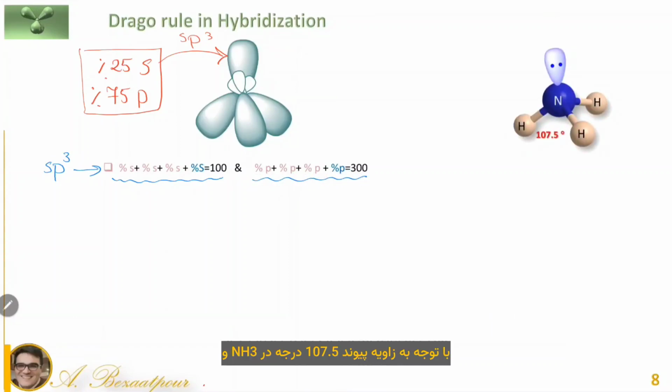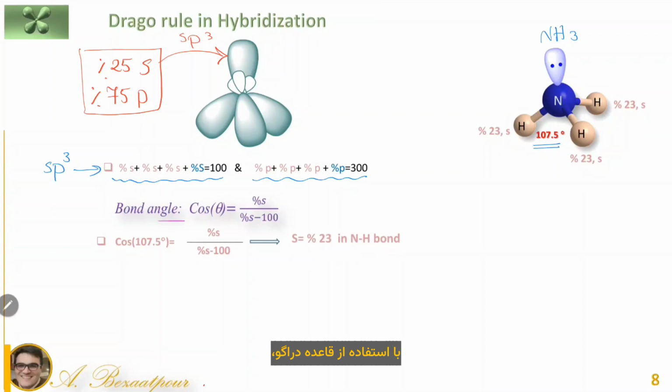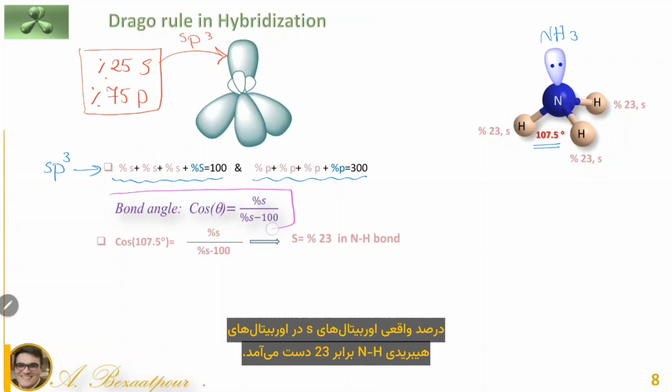Regarding the bond angle of 107.5 degrees in the ammonia NH3 molecule, and with the use of the Drago rule, the actual percentage of s orbital in NH hybrid orbital is obtained as 23.